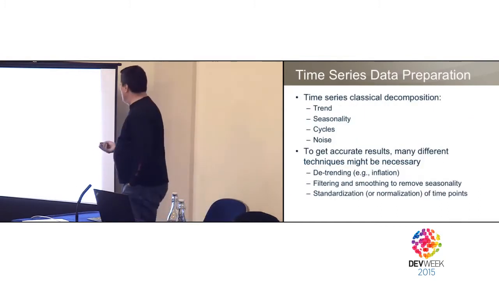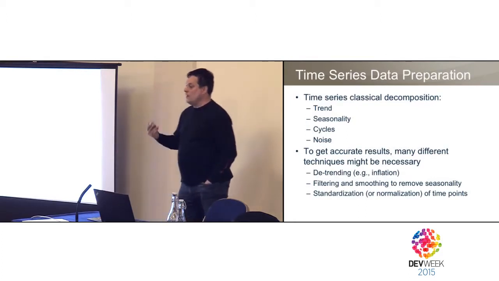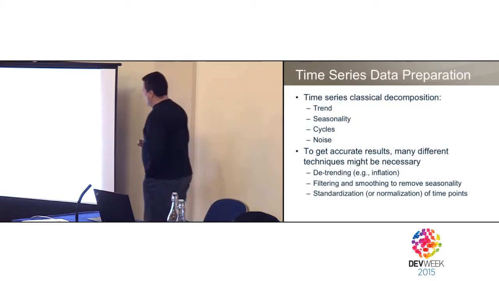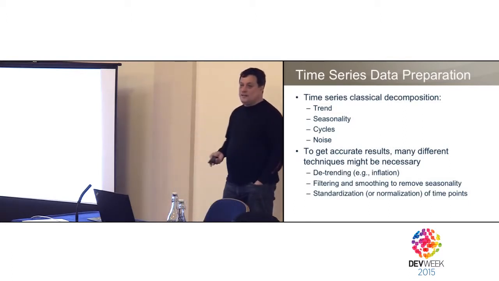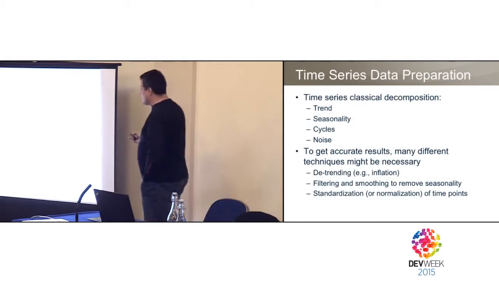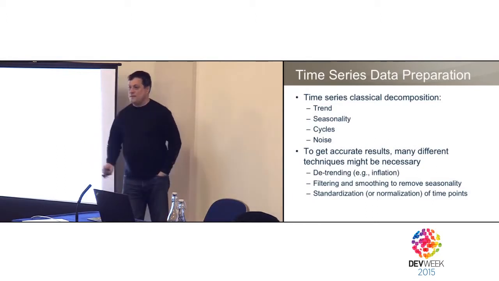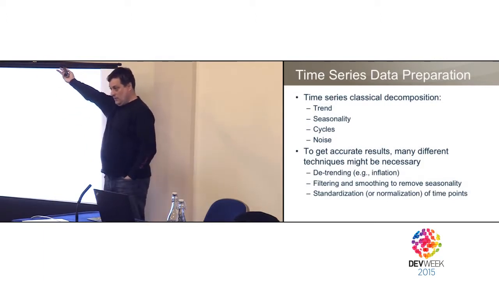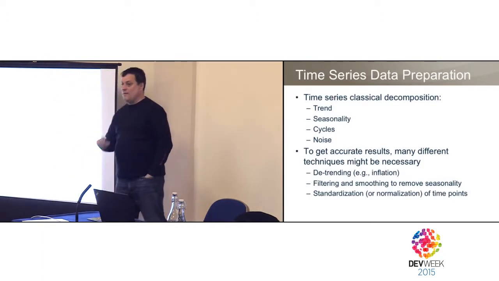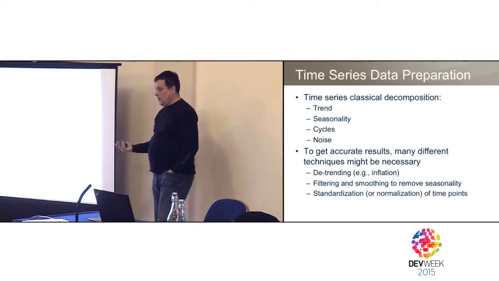Also, you need to understand what the parts of the time series are, and depending on your task, you maybe want to get rid of some of these parts. This comes from economics. In time series, we have trend, which is, let's say, typically national income, GDP growth, right? But then we also have seasonality.